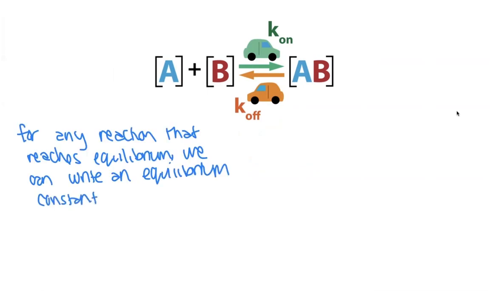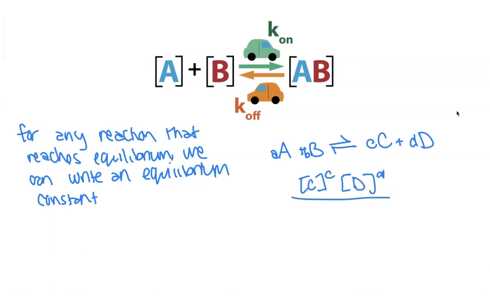So remember, we had that generic form where we had little a A plus little b B going to little c C plus little d D. And then we said, okay, well, we could write this equilibrium constant where we had C to the c times D to the d over A to the a and B to the b.